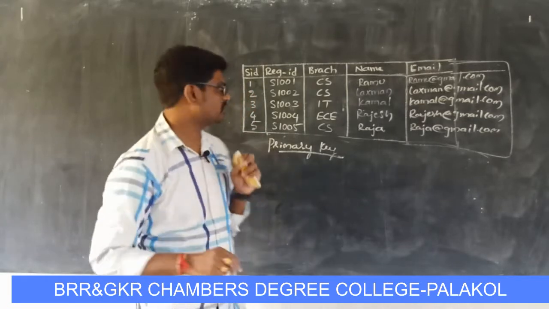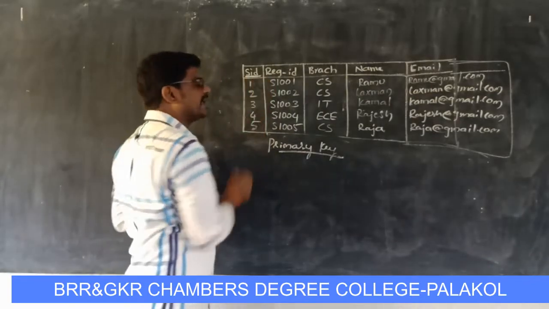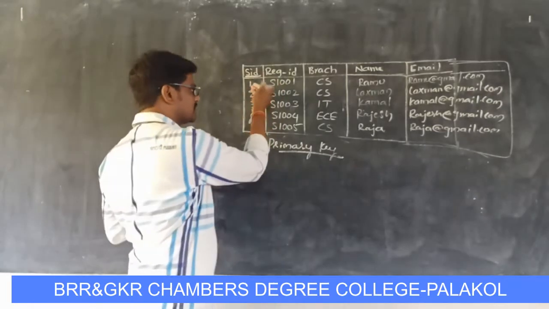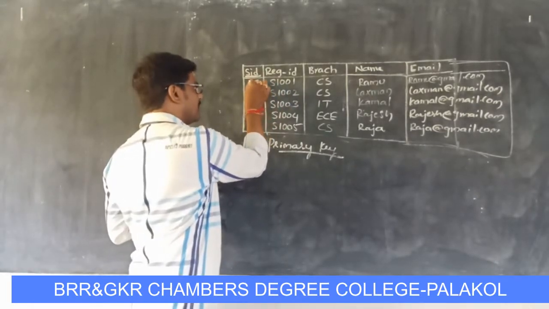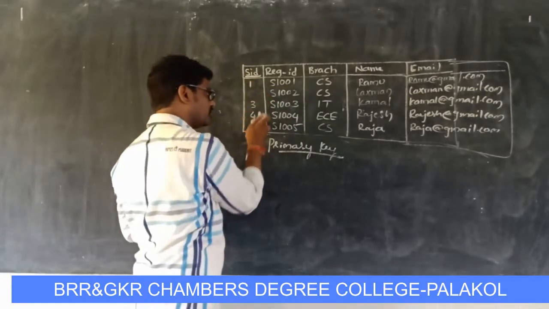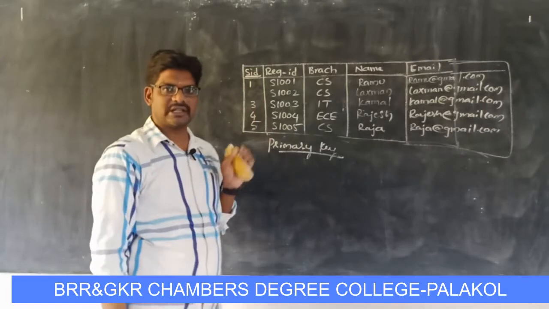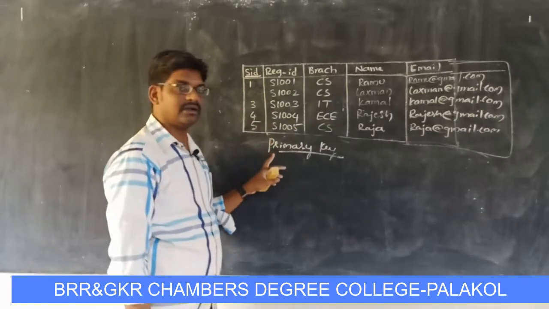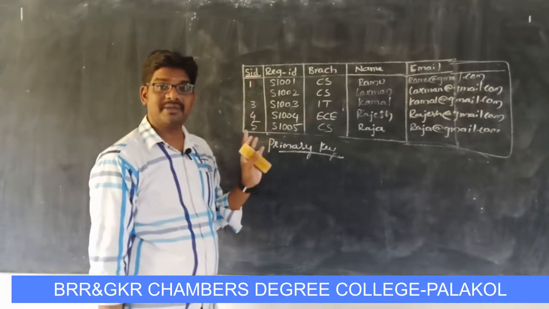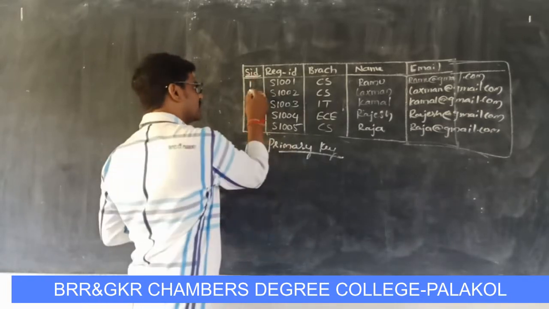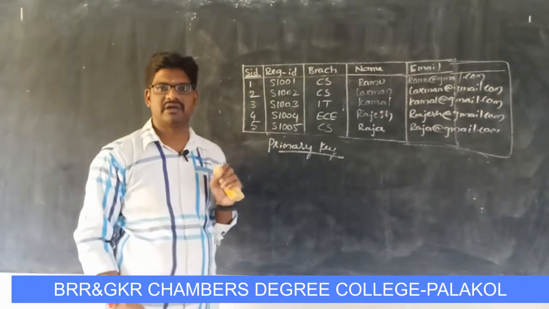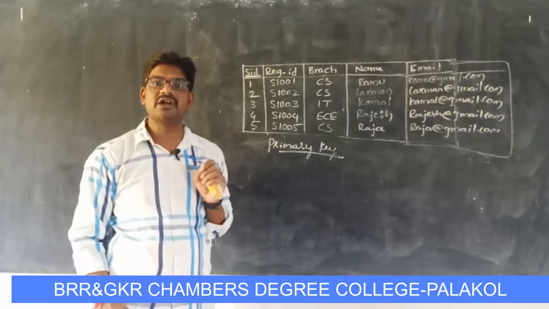For example, if you take SID as a primary key and insert values in the table, I want to insert 1, leave 2, and fill the rest. This is wrong, because the primary key column cannot be null. We have to fill all the data within the table.